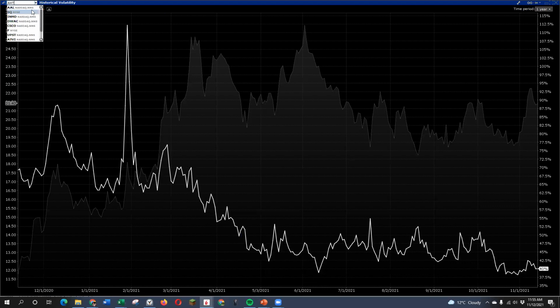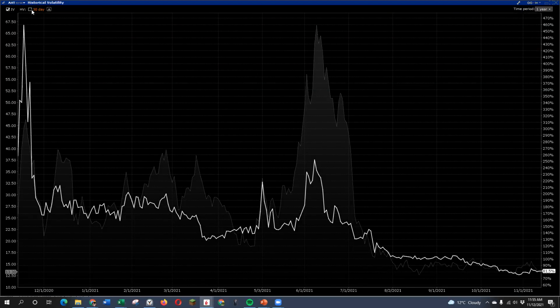AHT, is that a stock you wanted to look at? Yeah, really low vol compared to what it's been. I don't know much about the stock, so it's probably pretty volatile if we've got 80% volatility. Yeah, probably one to avoid unless you're pretty experienced, because we've seen volatility up at 400%, 200%.